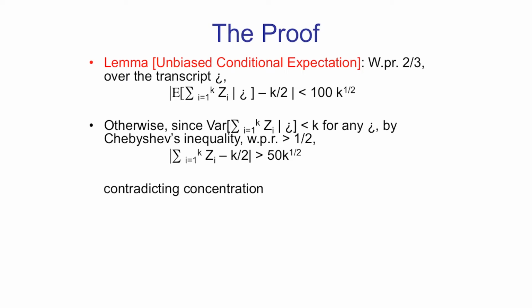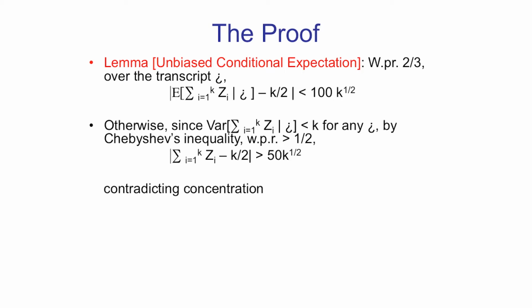But if this were false, then with constant probability we'd be about 100 root k away from k/2 in our expectation. And then by Chebyshev's inequality, when we choose a random input going to that transcript, we'll be only about root k away from that expectation, right? So we're at k/2 plus 100 root k, and then we move about root k away. But that's way too far away from k/2.